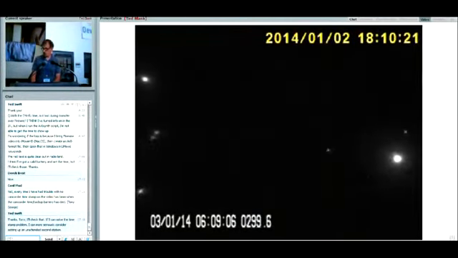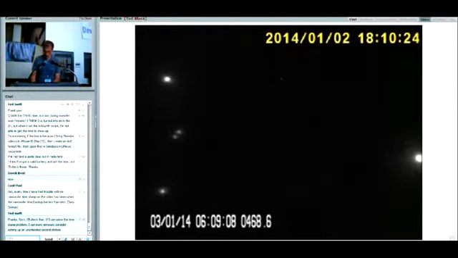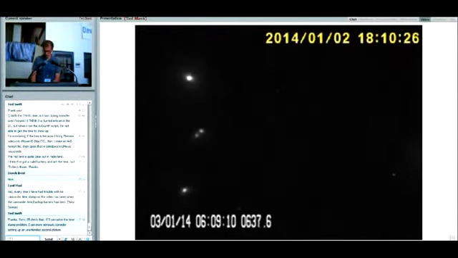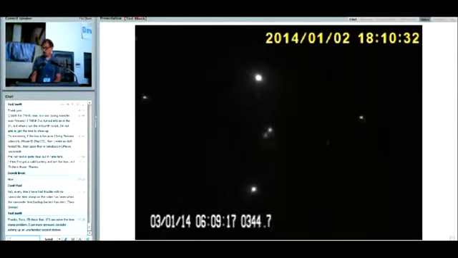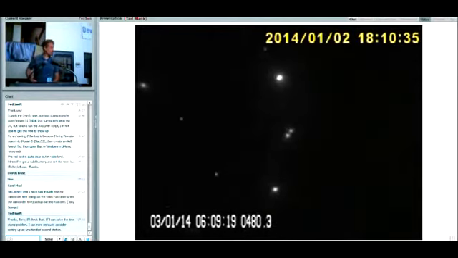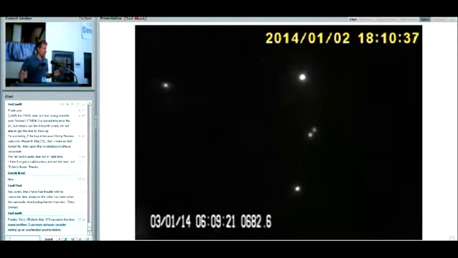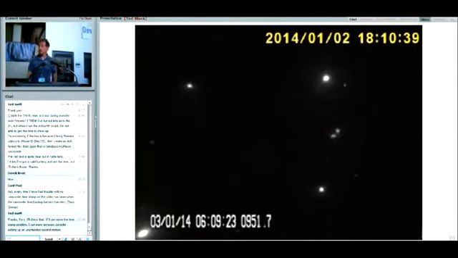These 2 stars, which are drifting from left to right, are magnitude 12.1 and 12.4. Position angle is 151 degrees, and the separation is 9.8 arc seconds. This is prime focus, just the camera, no Barlow, no nothing.